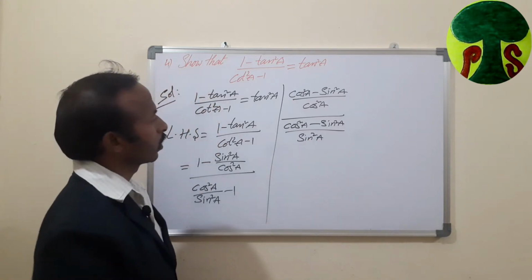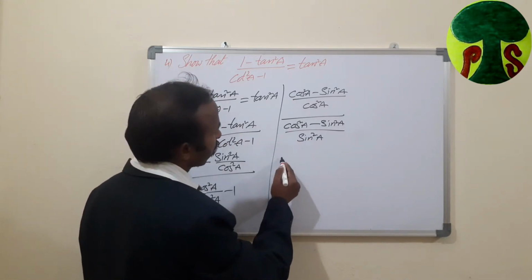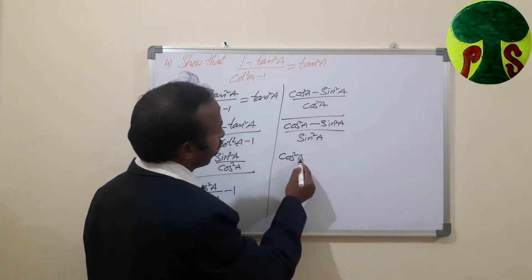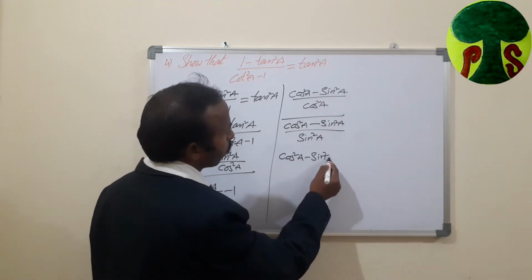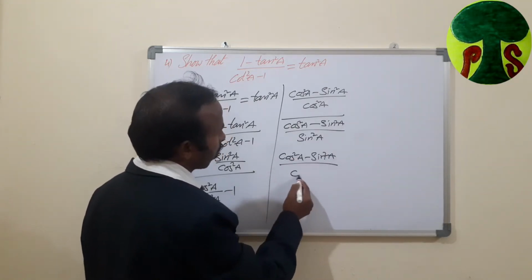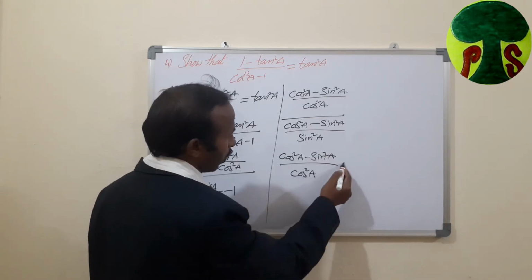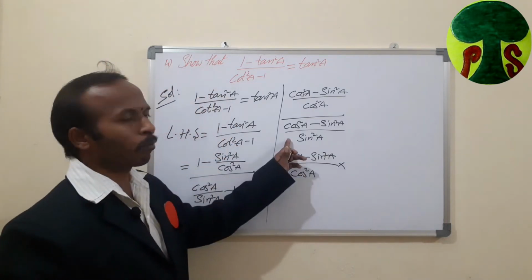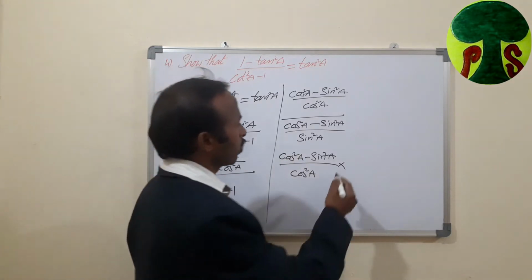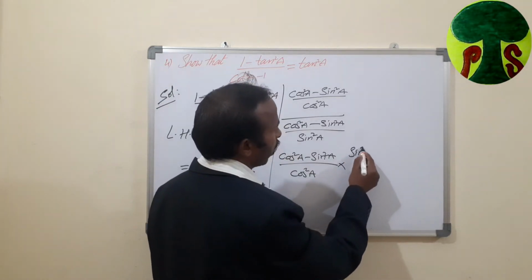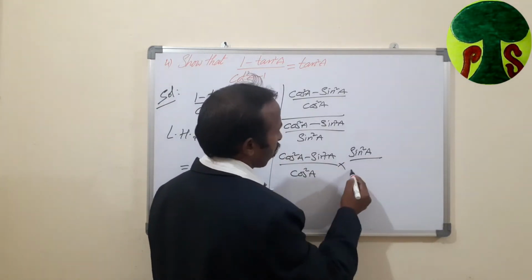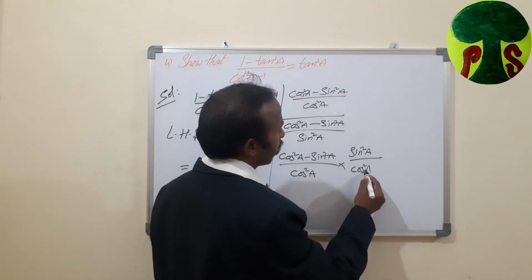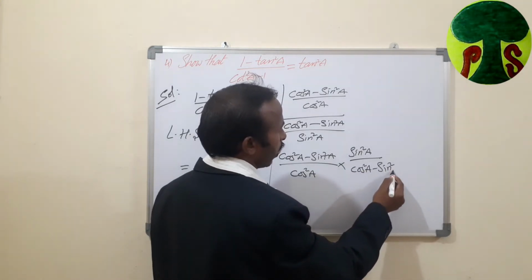The fraction is (cos square A minus sin square A) by cos square A, into this fraction becomes reciprocal, that is sin square A by (cos square A minus sin square A).